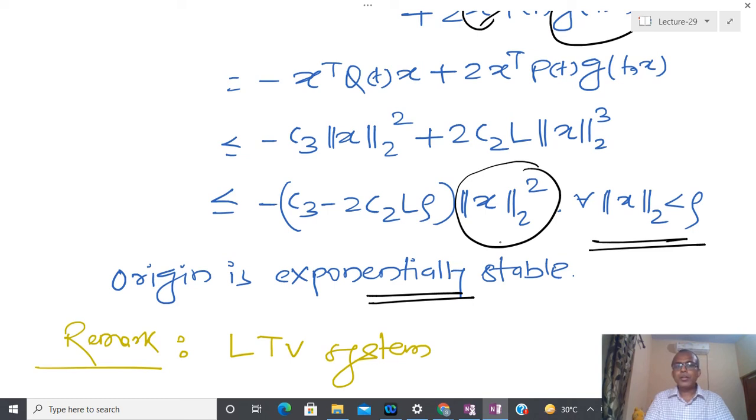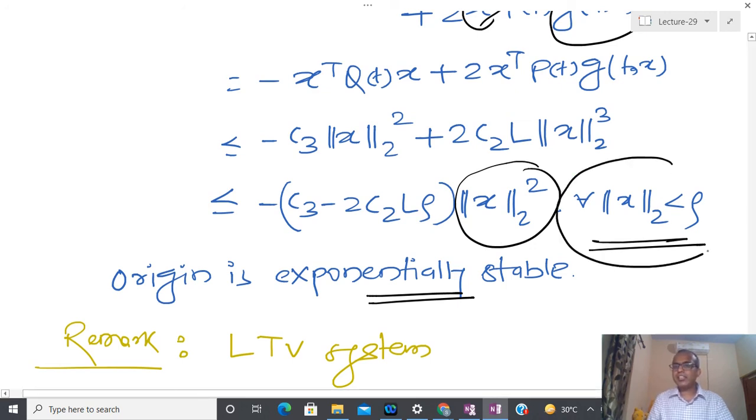Okay, now up to here I have developed the theory that if you linearize the non-autonomous system about the equilibrium point, then how to talk about the stability of the equilibrium point of the original system, and what we have shown is that for the original system x equal to 0 is exponentially stable, and locally, obviously locally, because this result is only true for all x that is bounded by rho.